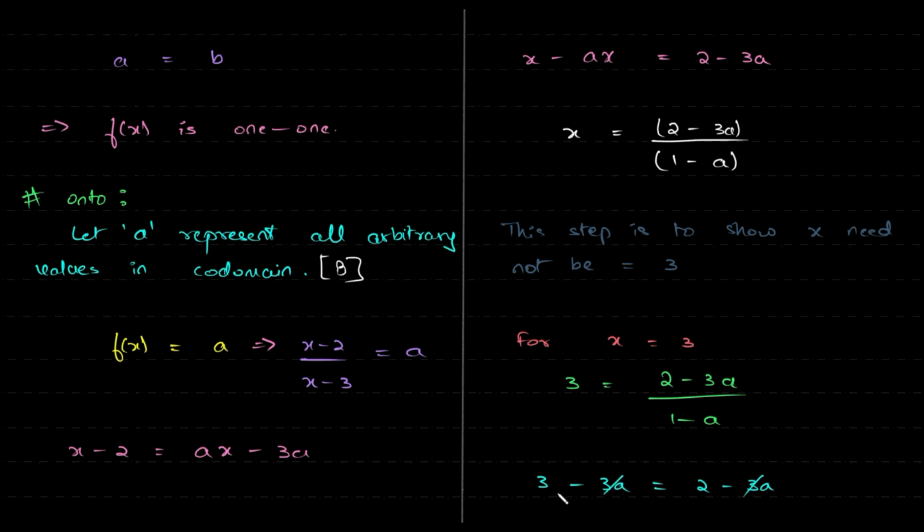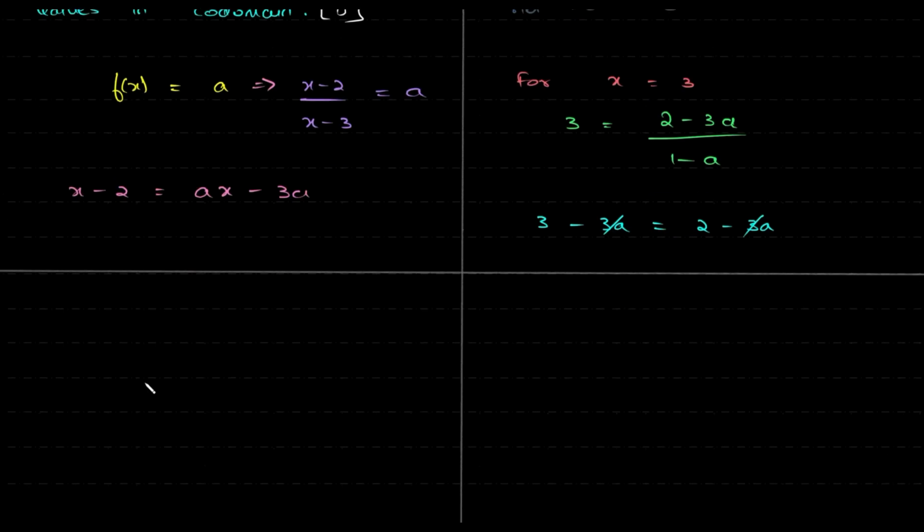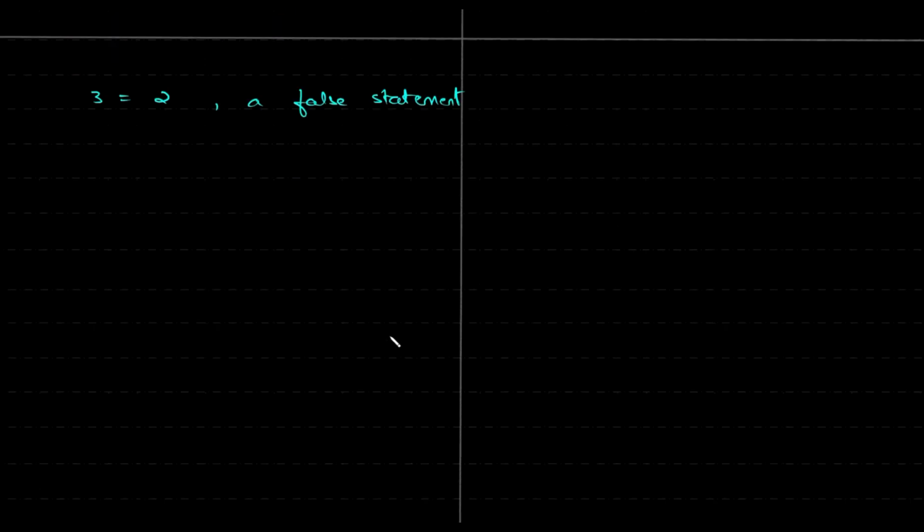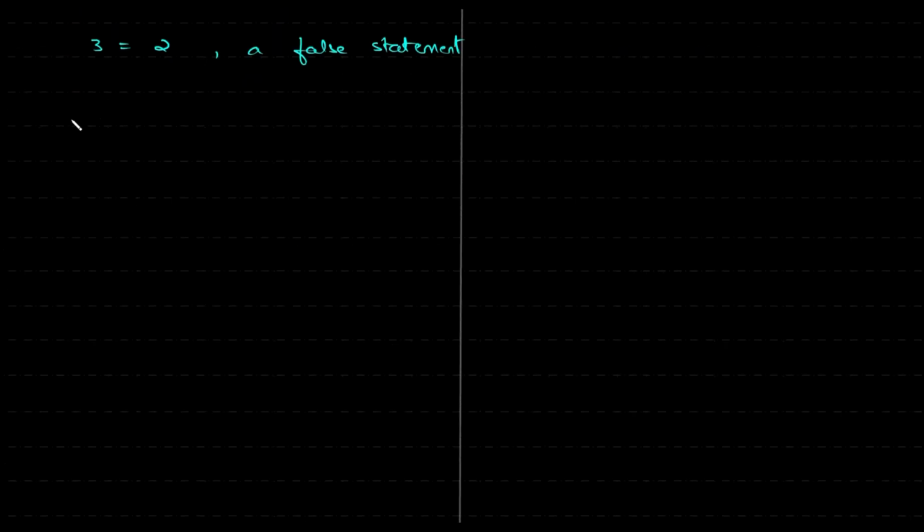So this and this get cancelled and we get 3 is equal to 2. But what is 3 is equal to 2? A false statement. Since it's a false statement, we can clearly tell that x does not contain 3.